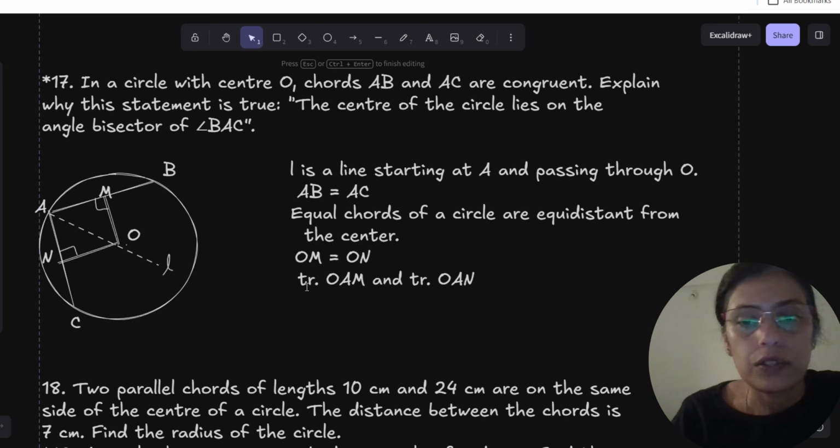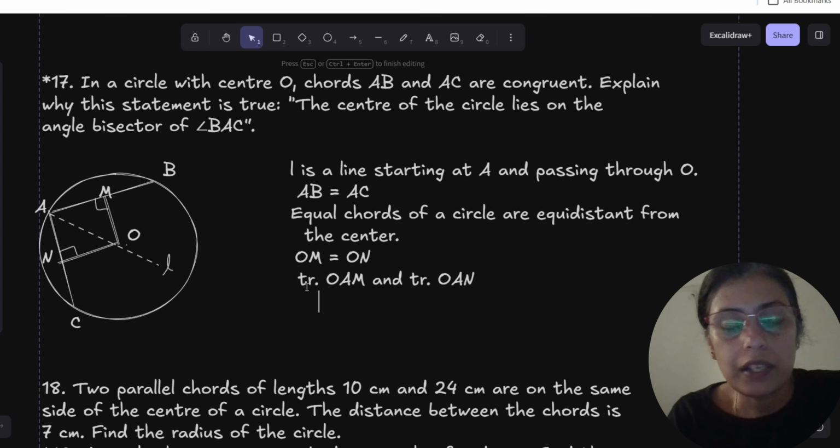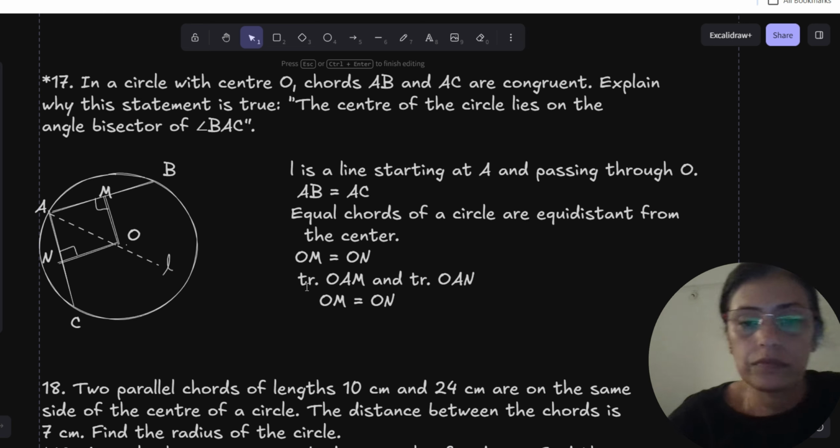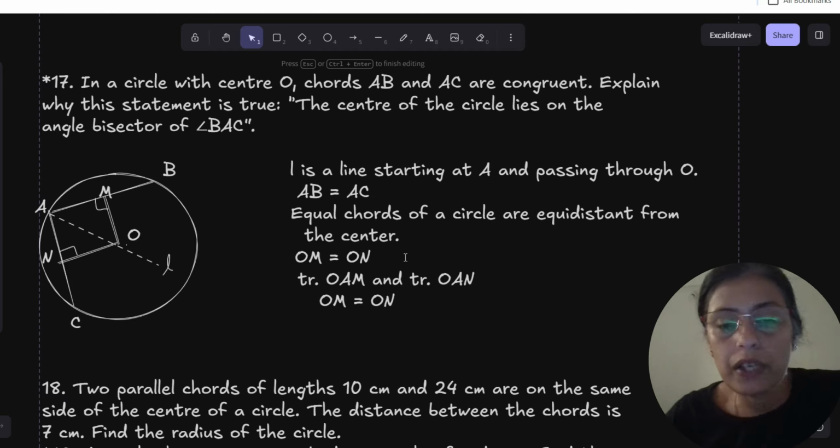What I see about these two triangles is, I've already said OM is equal to ON.